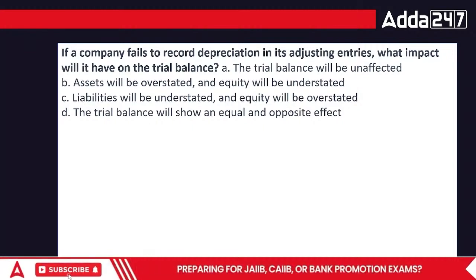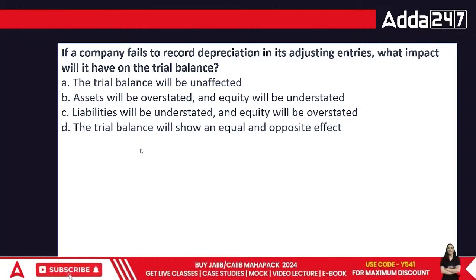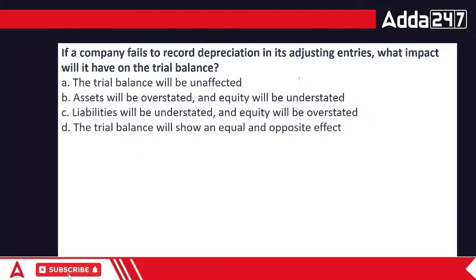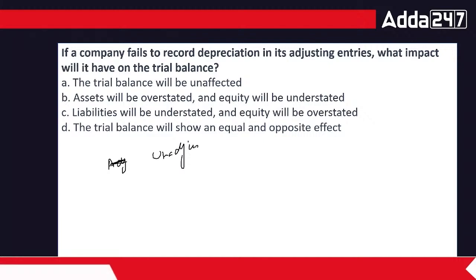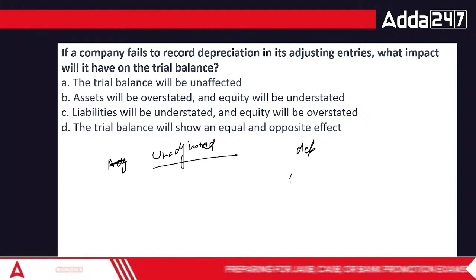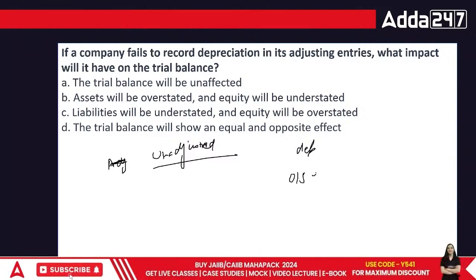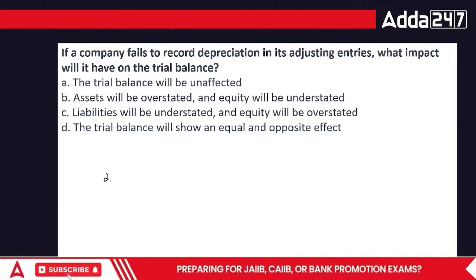If the company fails to record the depreciation in the adjusting entries. So there are two kinds of trial balance. One is without adjustment, or unadjusted, in which we record just the basics that we got. And then what we do is, there was depreciation, there were some outstanding expenses. First thing is depreciation.